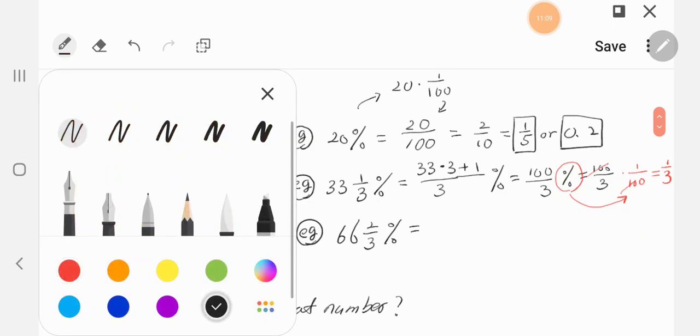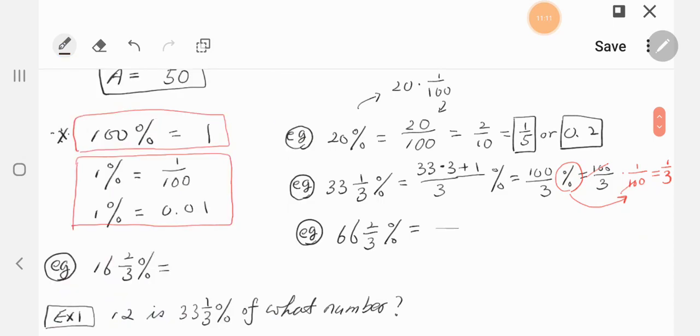Okay, let's try a similar thing. This is a mixed number, so 66 times 3 plus 2 over 3%. Then the numerator is 200, isn't it? 200 over 3%.